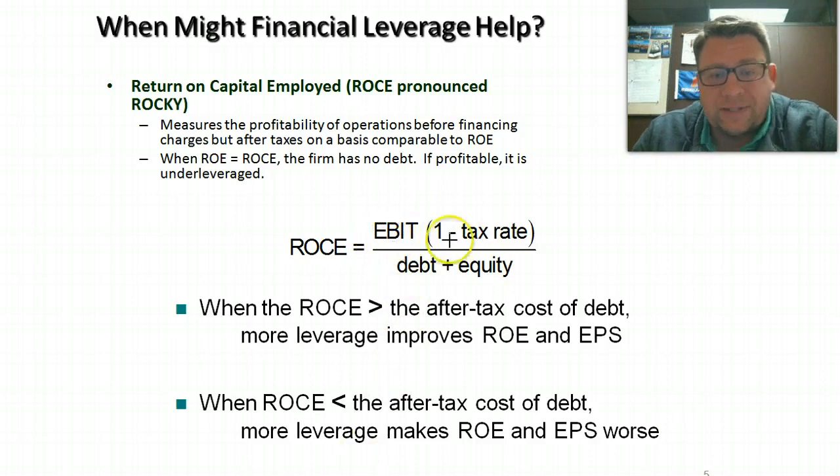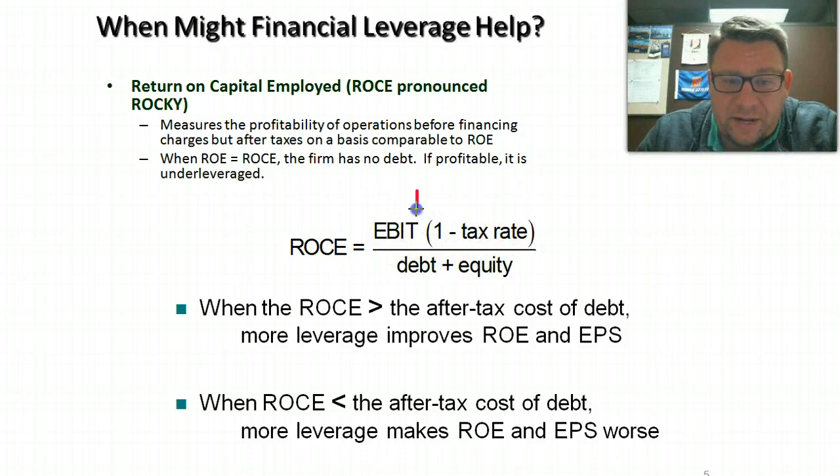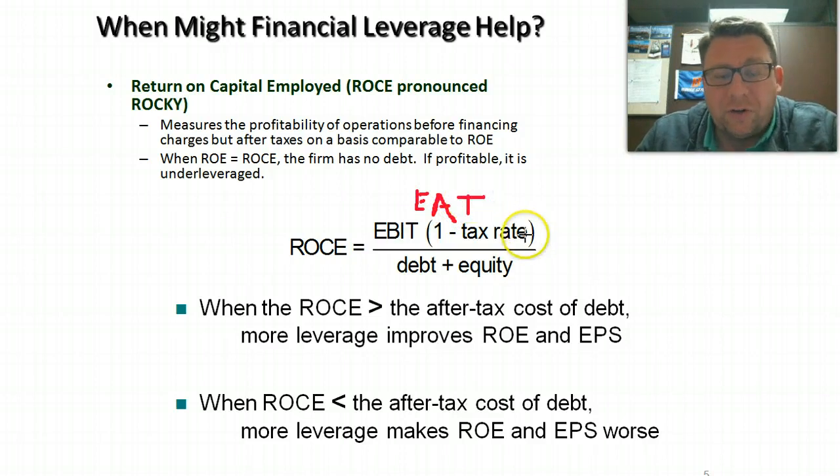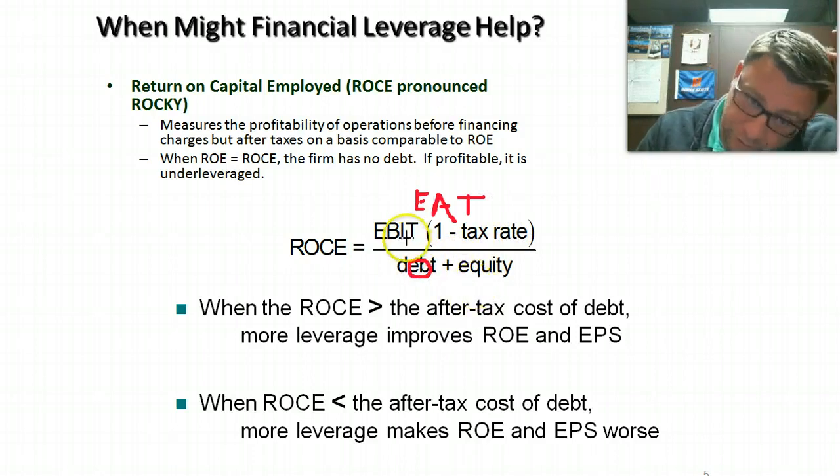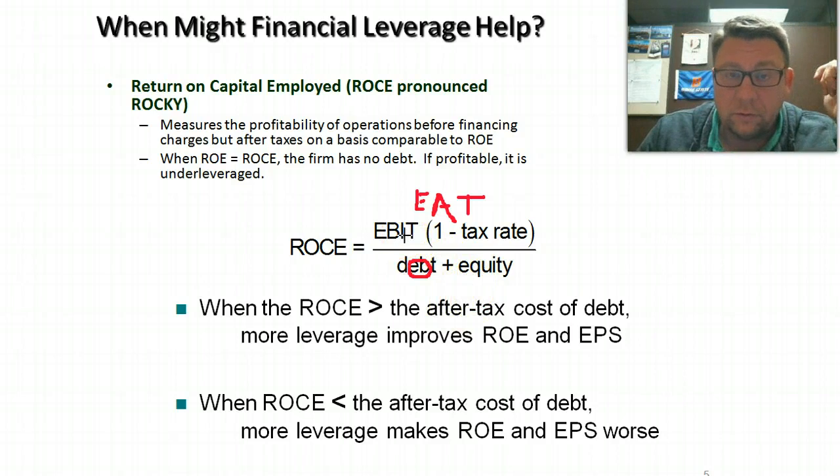Earnings before interest and taxes multiplied by 1 minus the tax rate becomes basically earnings after tax when the firm has no debt, right? So there is no interest because there is no debt.